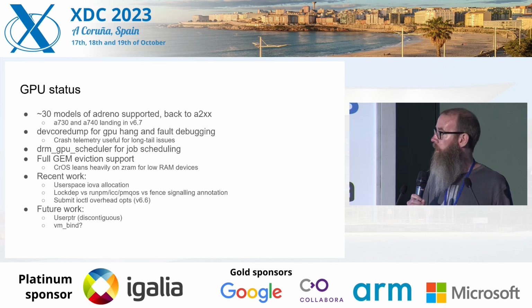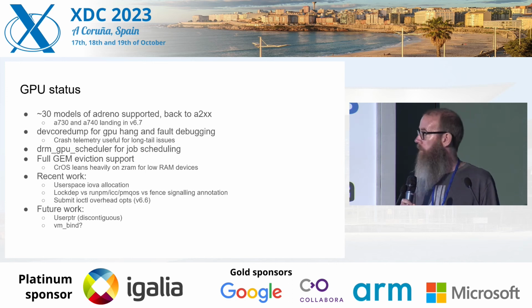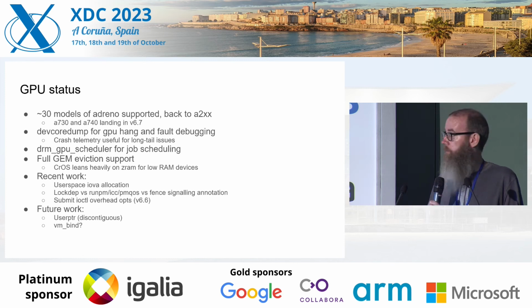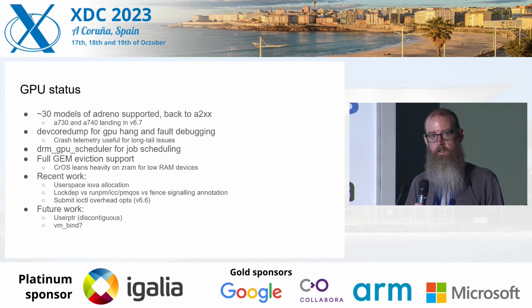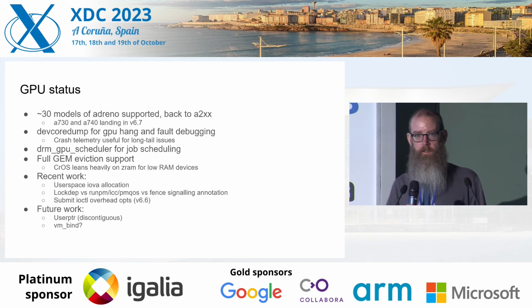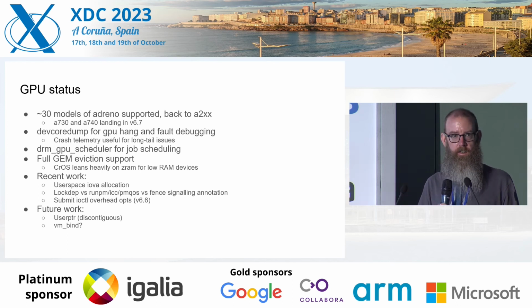We've been using devcoredump for a long time for capturing GPU state when there's a GPU hang, and that's integrated in, for example, Chrome OS crash telemetry. That's been very useful for catching, tracking down and debugging long tail issues, like the issue where the device crashes every 40 or 80 hours of use.